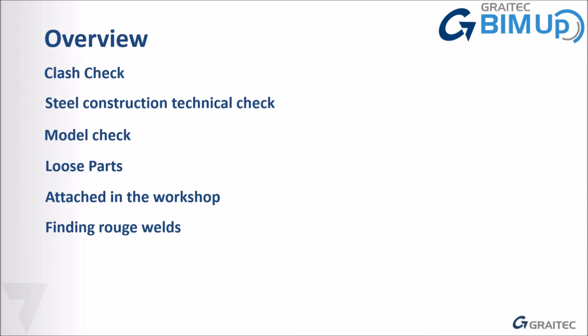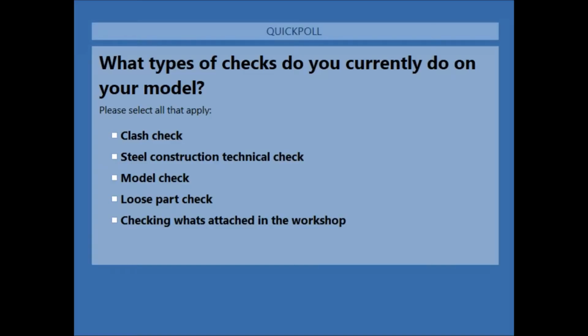Before we get on with that, I would like to do a quick poll to see what you are using as checks at the moment. I've just launched the poll. If you could all click on the checking tools that you currently use, I can get an idea of what people use.